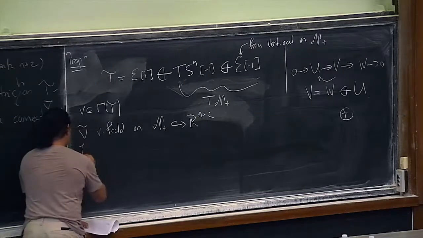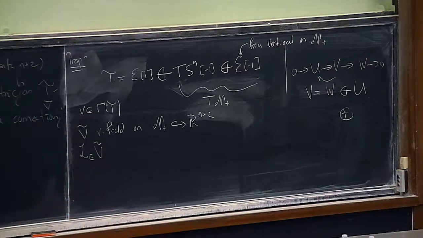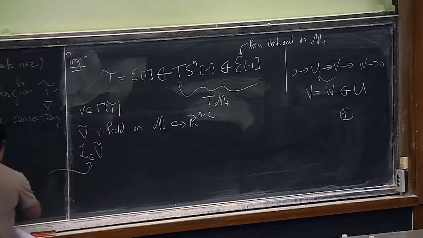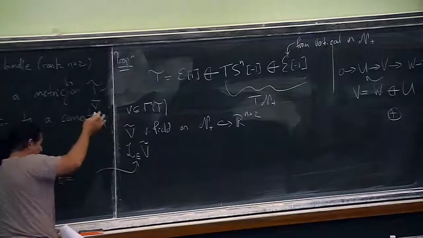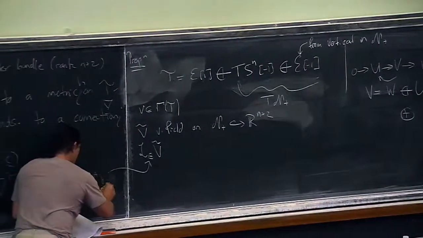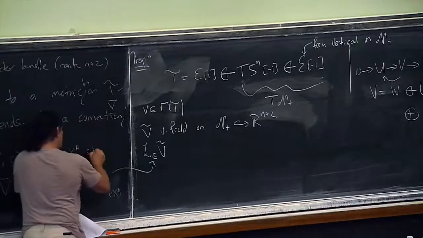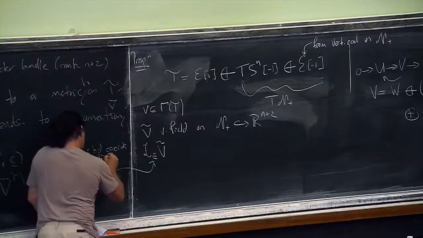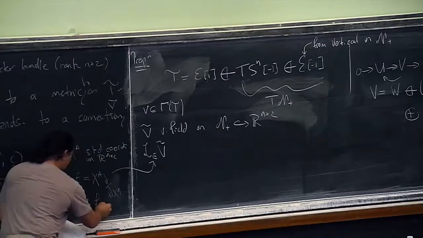So what about the Lie derivative along the Euler vector field of Ṽ? Remember, the Euler vector field is the thing that's generating the rays away from the origin in R^(n+2). So it's just x^a ∂/∂x^a in standard coordinates. Say these are the standard coordinates on R^(n+2). So that's the Euler vector field.